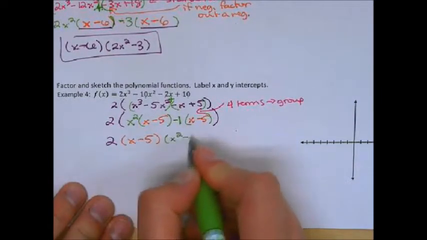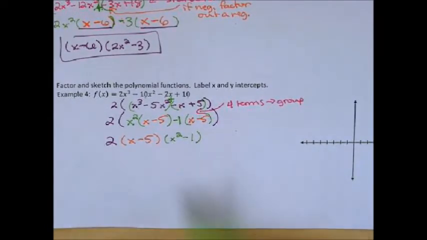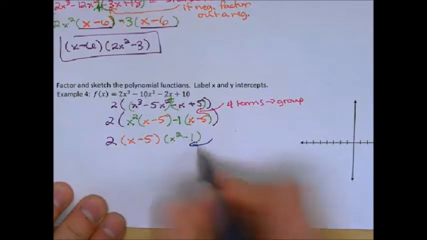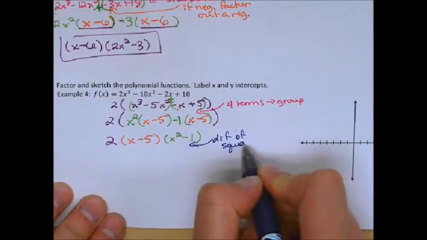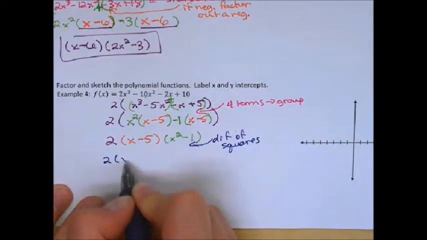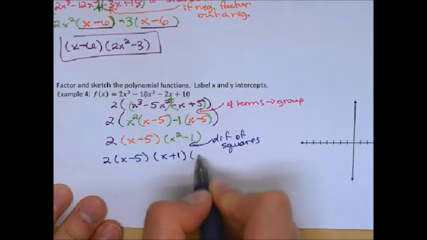And then I have my GCF. So now I check, am I completely done factoring? I notice this is a difference of squares, so I can keep going here. So I get a 2, an x minus 5, an x plus 1, an x minus 1.